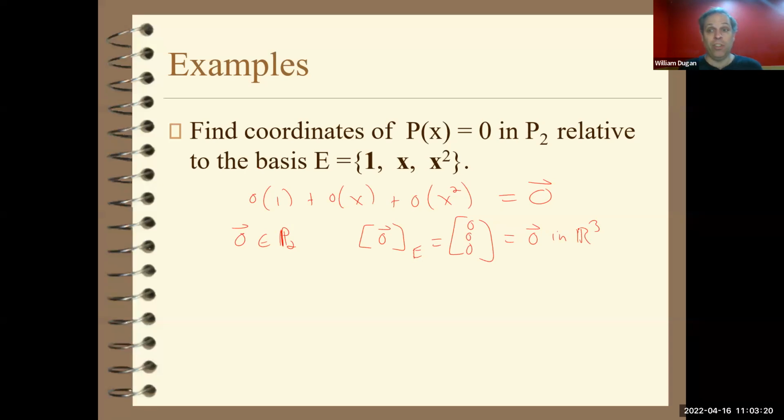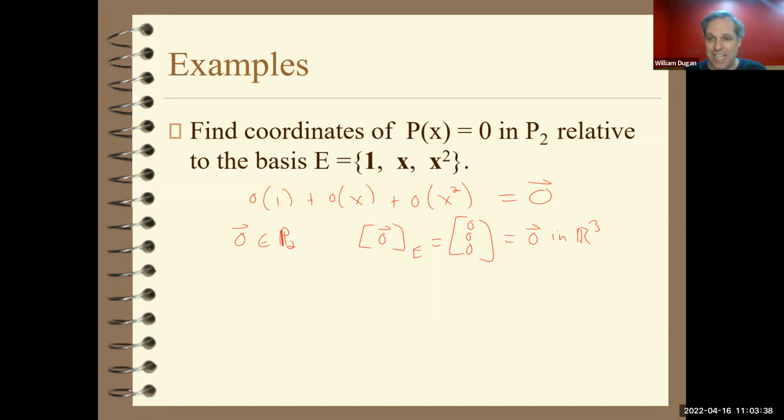And we know that since the coordinates are unique, this is the only answer. So the 0 vector in P2, its coordinates are the 0 vector in R3, and vice versa. If you have the coordinate vector 0 in R3, it corresponds to the 0 vector in P2.